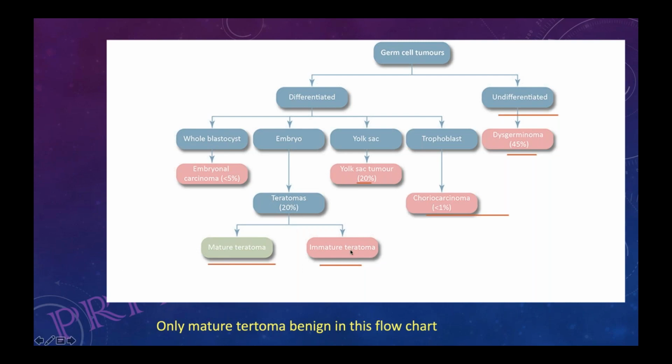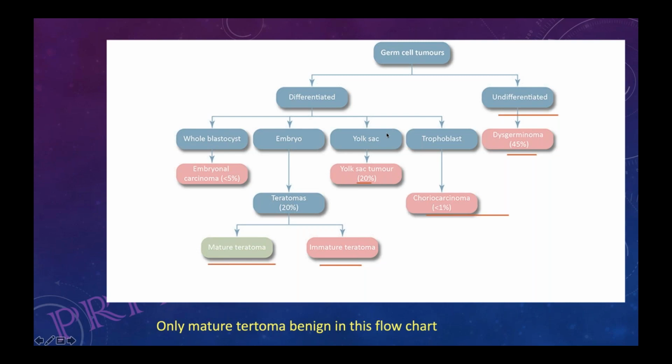This is important to know because answering your questions becomes very easy. So embryonal teratoma, 20%, is divided into mature and immature. Immature is malignant teratoma.